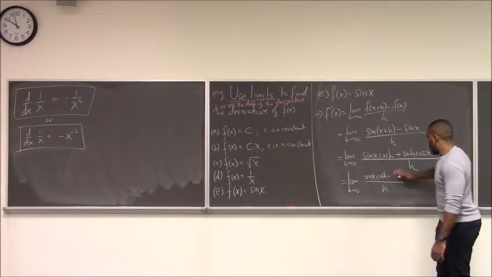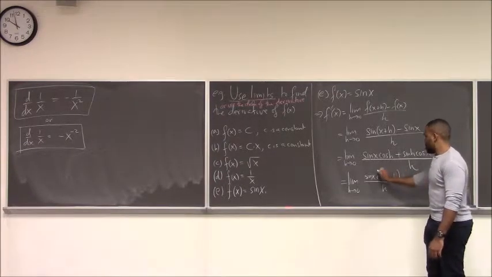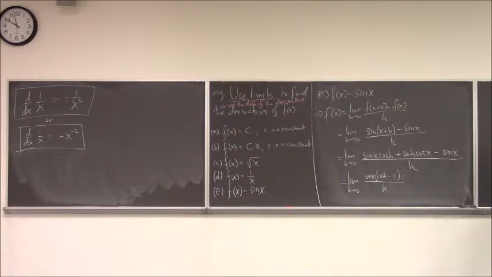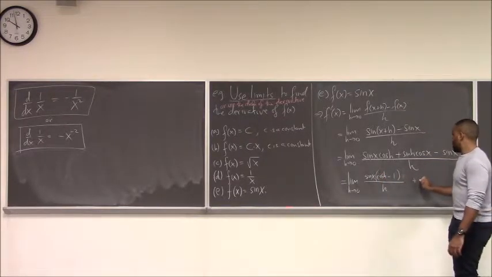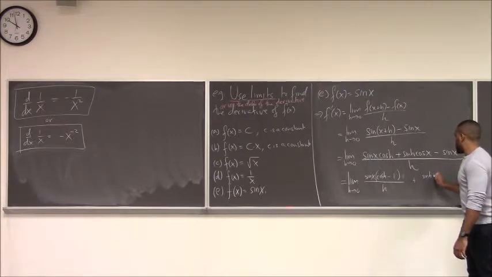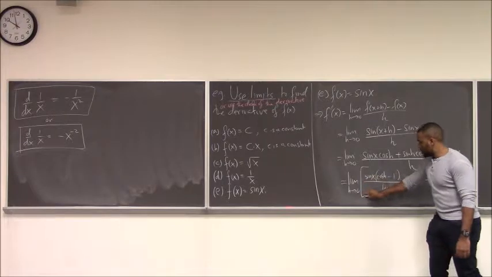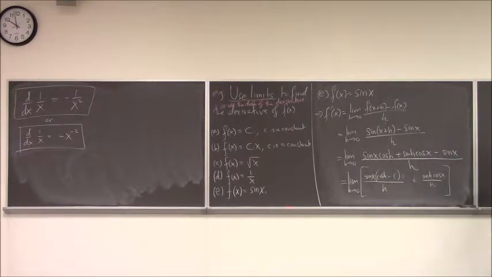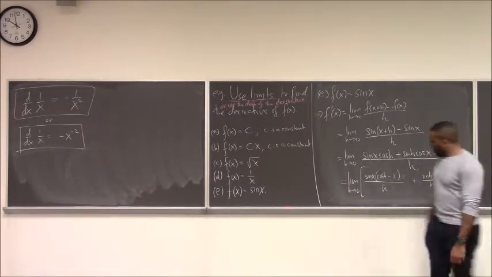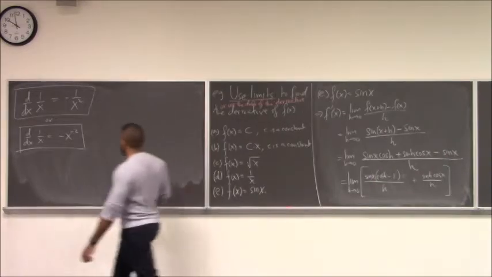So what we can look at is, it's that. And I'm going to separate the sine h cosine x all over h. You'll see why I separated those pretty soon. What is the first part going to be?